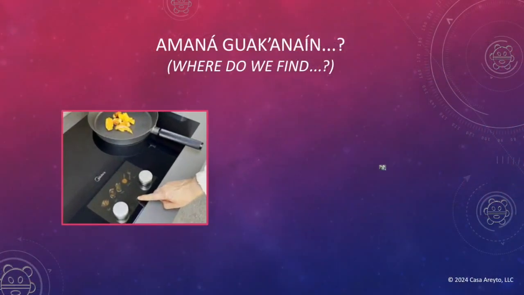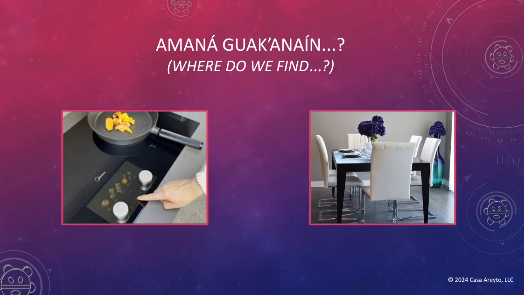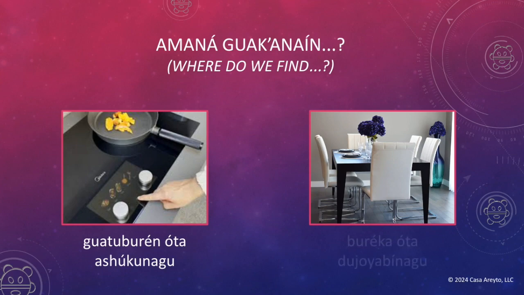Now let's start with our exercise. We're going to look at a couple of objects and ask where we find them, right? So let's get started. The question we want to answer is, Amaná guak'anaín, where do we find guatuburen ota ashukunagu, bureka ota duhoyabi nagu.